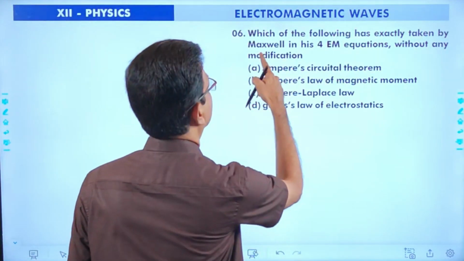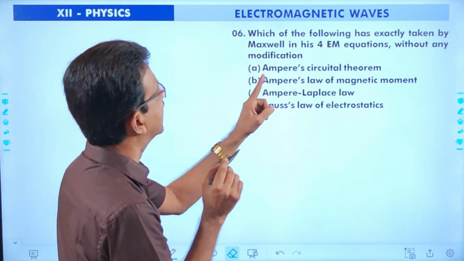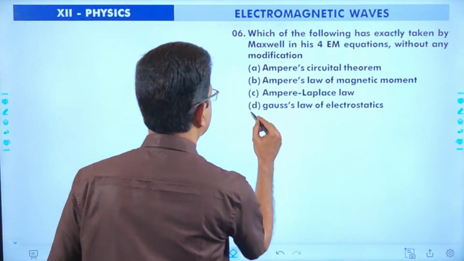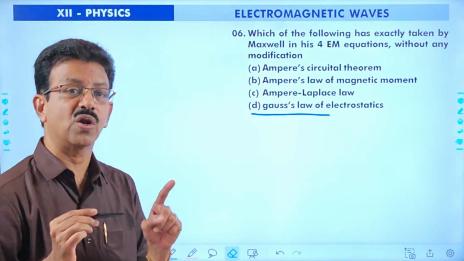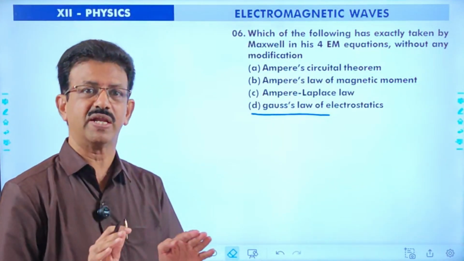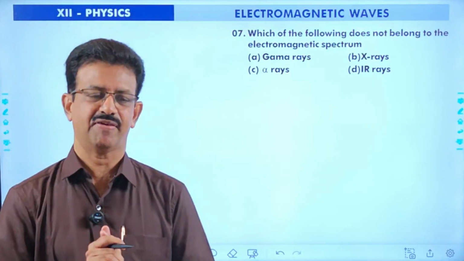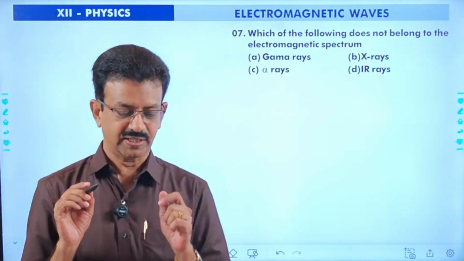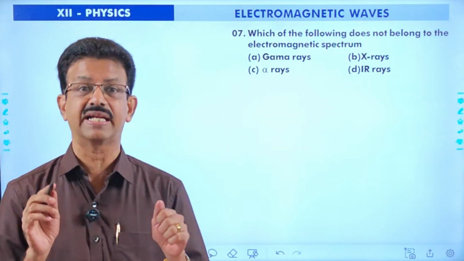Therefore, which of the following has been taken exactly by Maxwell in his four electromagnetic equations? The correct choice is D, that is Gauss's law of electrostatics. Without any alteration, it was taken. Correct answer is D. Now, question number 7. The question is, which of the following does not belong to the electromagnetic spectrum?